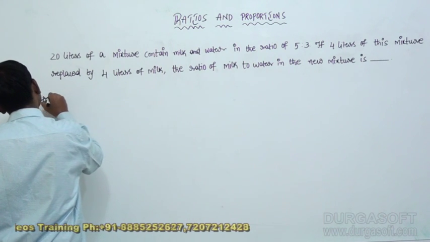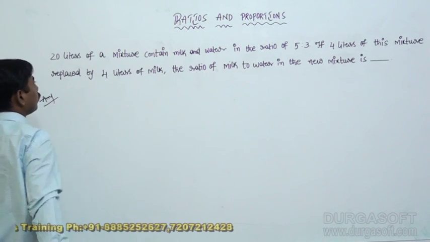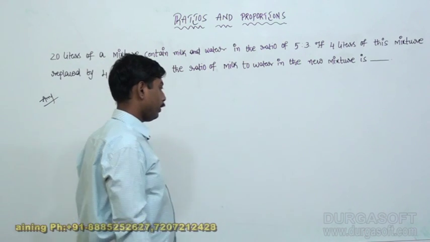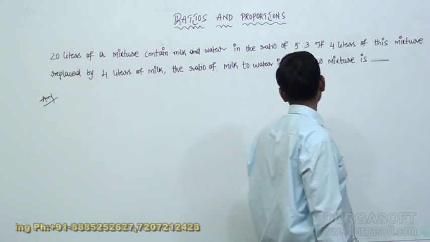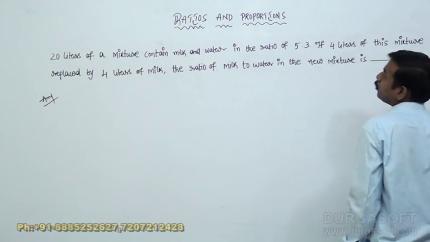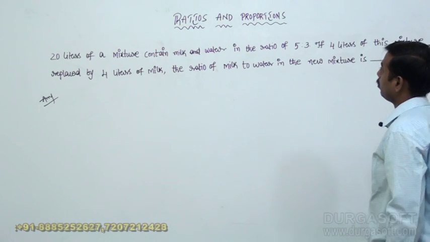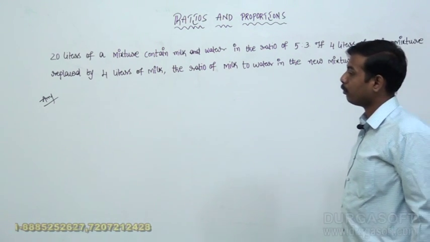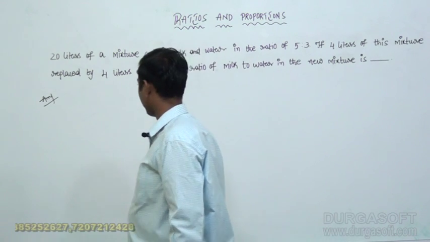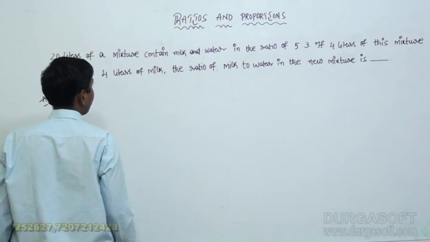Great, let us go for the answer of this question. Just concentrate on the question. 20 liters of a mixture contains milk and water in the ratio of 5:3. That means milk is how many parts? 5 parts.